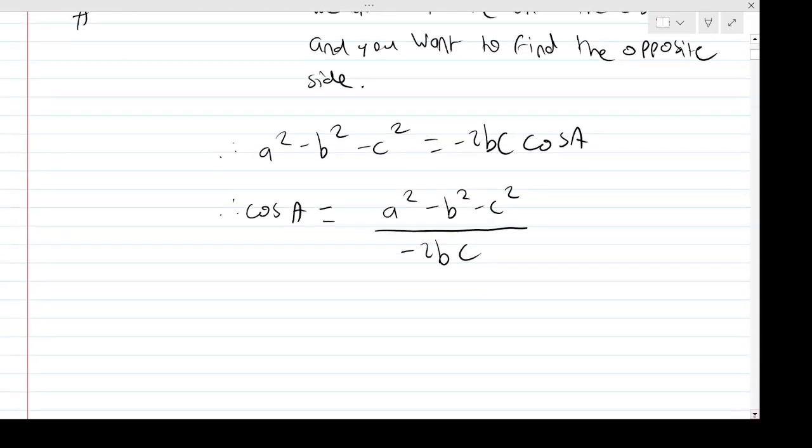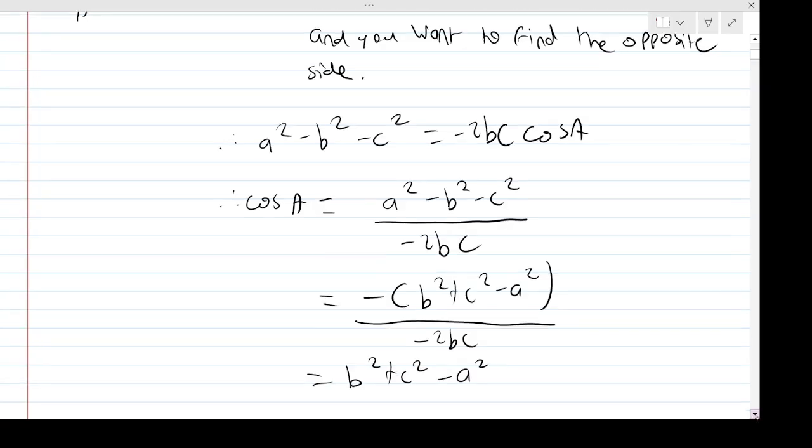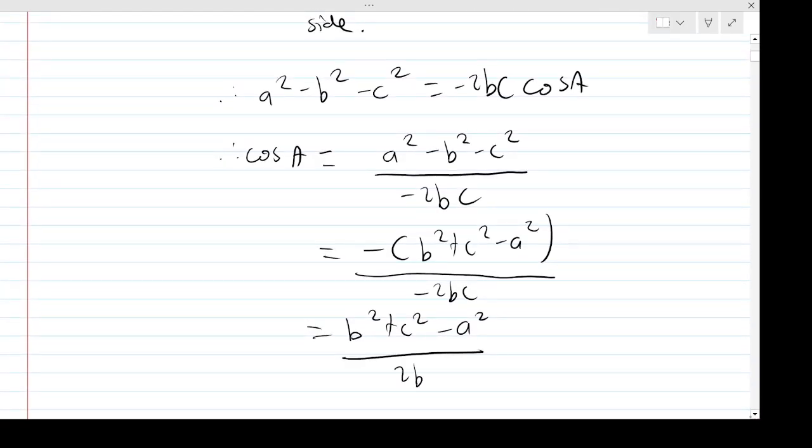And we can simplify that because we can take a negative out. So I can factor a negative out here and say this is negative, B squared plus C squared minus A squared, over minus 2BC, and then I can cancel the negative out, and I get simply B squared plus C squared minus A squared over 2BC, and that is cosine of A. Now if you want to find the angle A, then obviously you have to do inverse cosine.